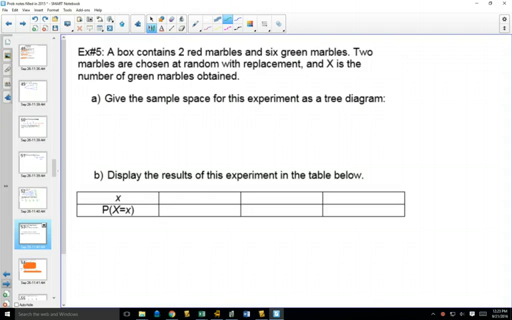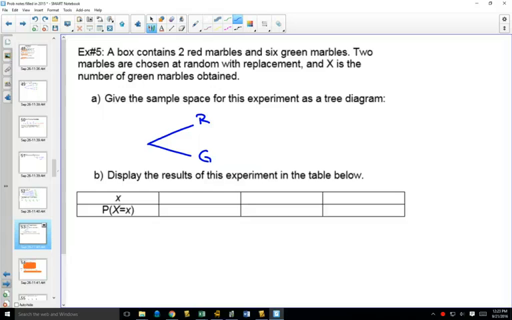So here, a box contains 2 red marbles and 6 green marbles. Marbles are chosen at random and then replaced. So 2 marbles are chosen, so you make a tree diagram. The first thing that happens is you choose 1 marble. You've got a chance of getting red or green.